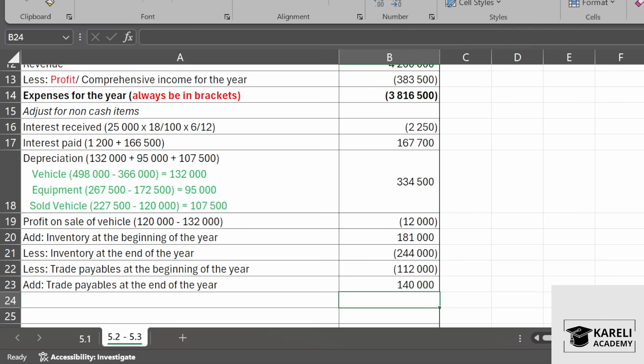And then we must start calculating from the expenses for the year.